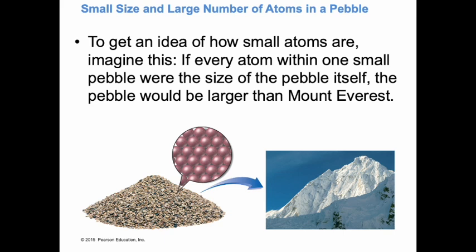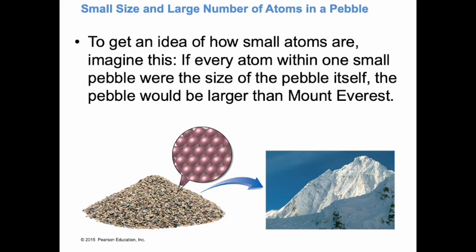First we're just going to start by talking about how small they are, which is pretty small. To get an idea of how small atoms are, imagine this: if every atom within one small pebble were the size of the pebble itself, the pebble would be larger than Mount Everest.